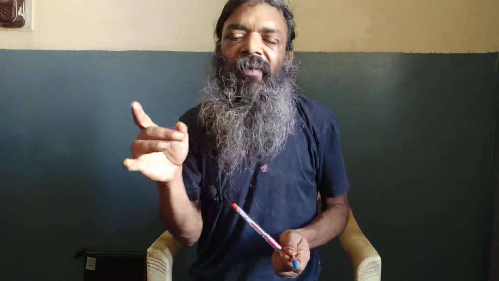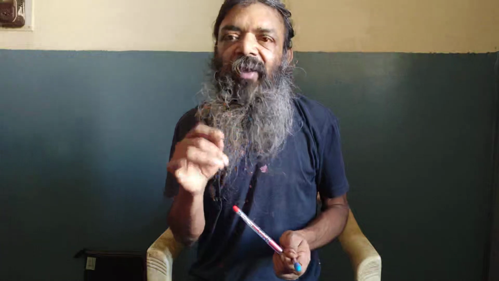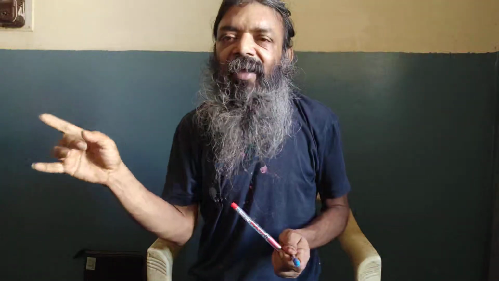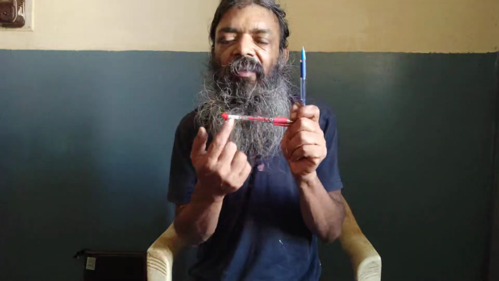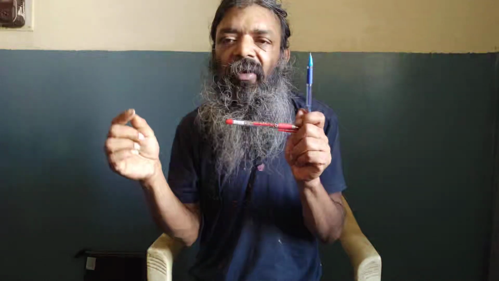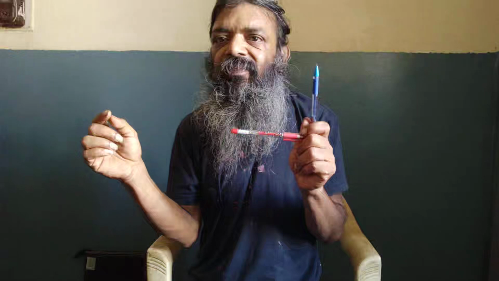And then f(x) means 2x minus 1 plus 2x minus 1 plus 2x minus 1 plus 2x minus 1. How many times? I don't know how many times, but the last x will be n. n is a whole number. x equal to 1, x equal to 2, x equal to 3. It will go up till n.